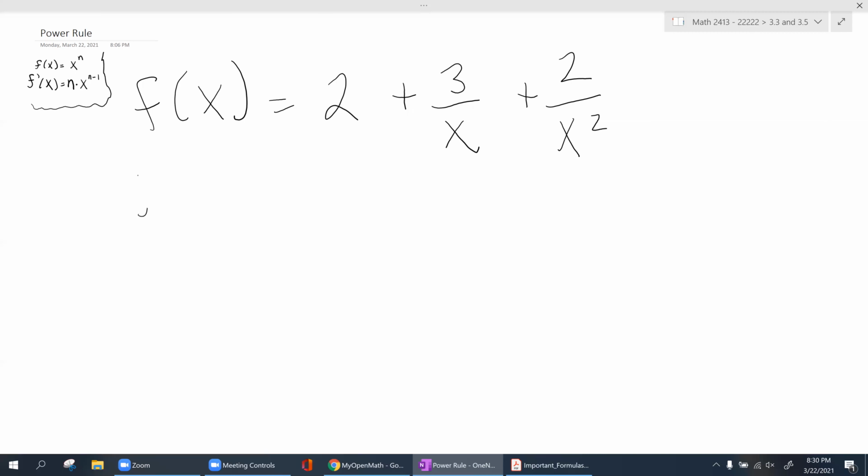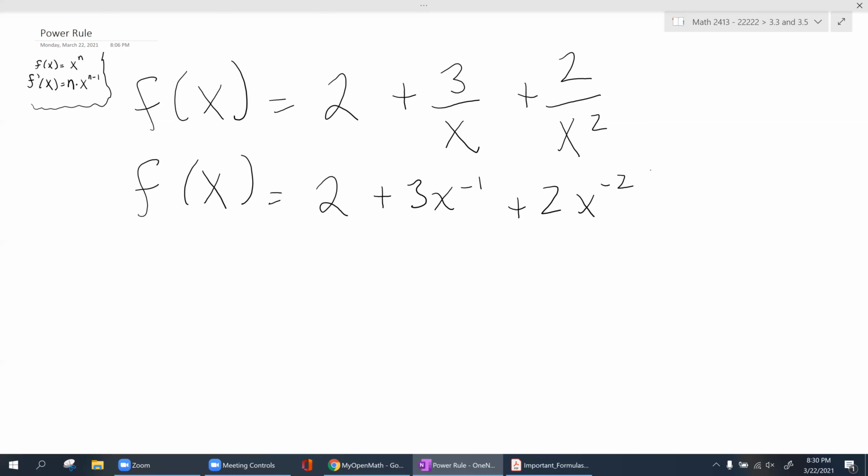So in other words, I'm going to take the derivative of this function one term at a time. The derivative of this is just 0. But before I do that, let me rewrite everything, because I have fractions with variables in the bottom, and I do not want that. This is going to be 2 plus 3 to the x minus 1 plus 2 to the x raised to the minus 2. Now I can take the derivatives.